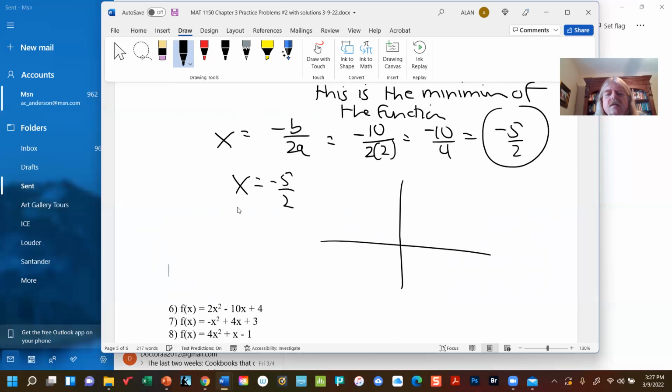So basically, you've got your parabola. Well, okay, let me fix that. I have to make sure it's negative, otherwise it won't look right.